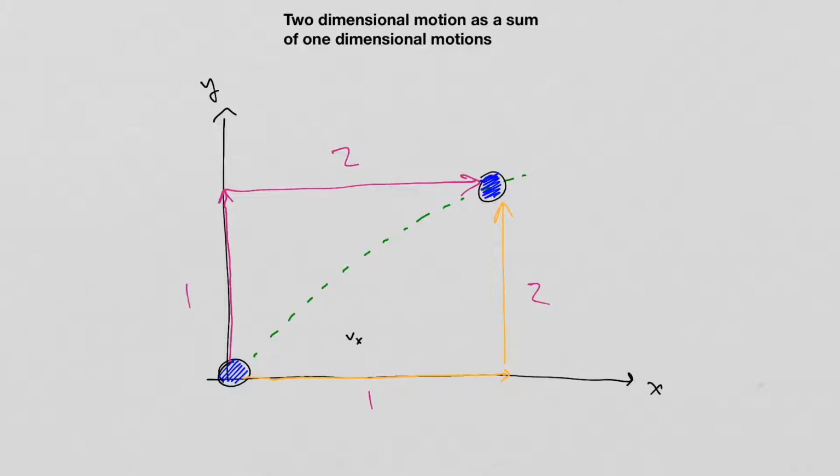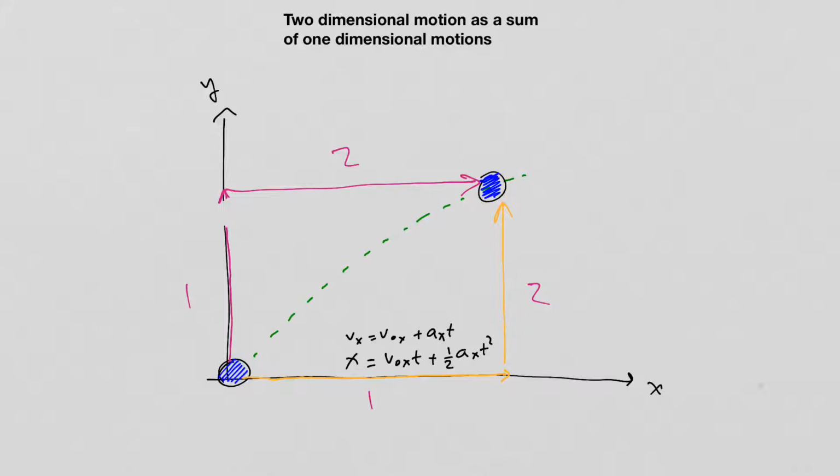So, for example, Vx is equal to V0x plus ax times t. X is equal to V0x times t plus 1/2 ax times t squared, and so on and so forth. And then vertically, I can write the same thing with the appropriate indices.